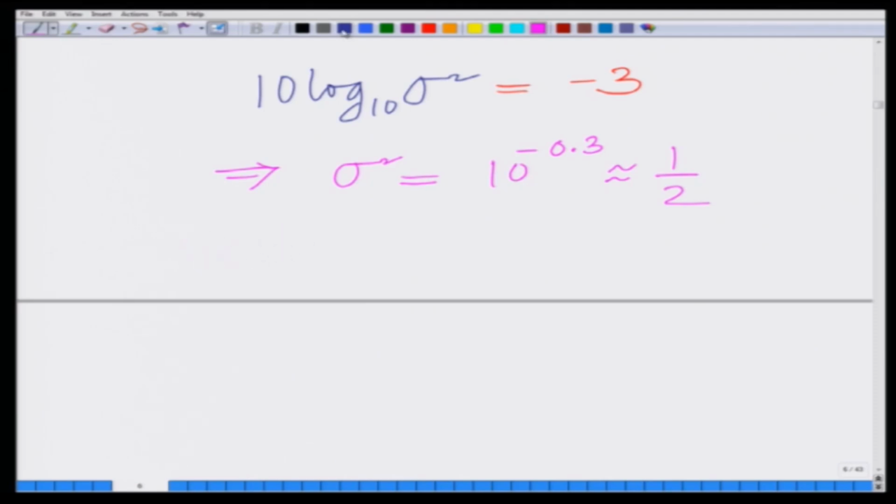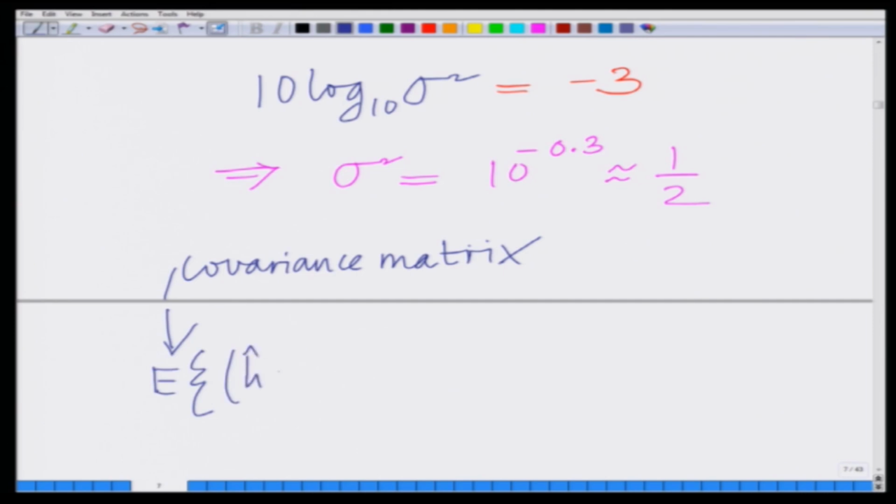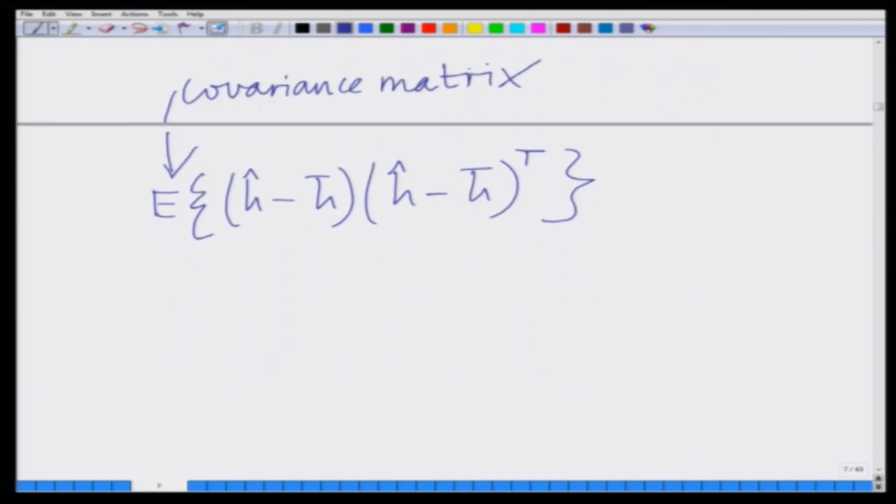The covariance matrix of channel estimation, that is the expected value of (h hat minus h bar) times (h hat minus h bar) transpose, is equal to, as we have already derived in the behavior of the maximum likelihood estimate, sigma square x transpose x inverse.